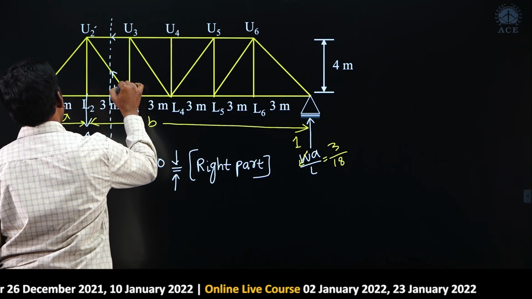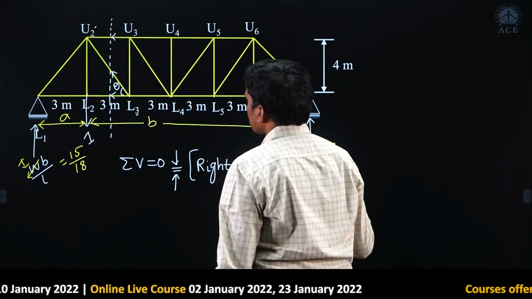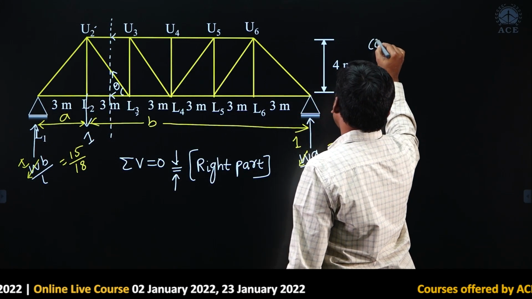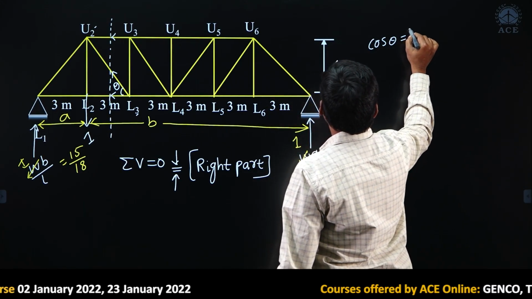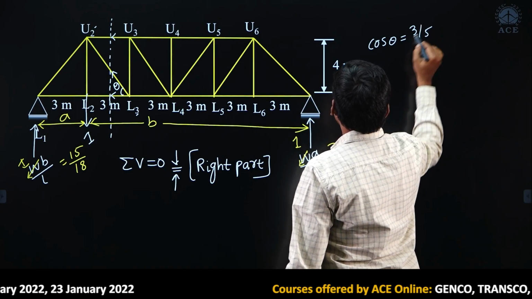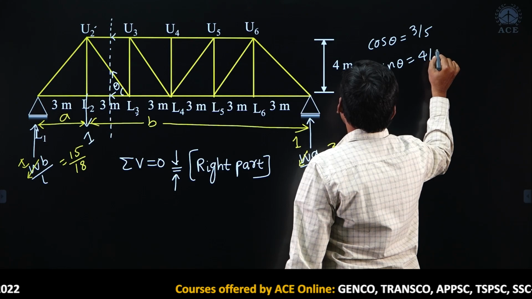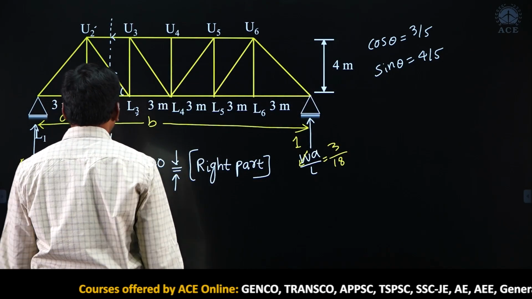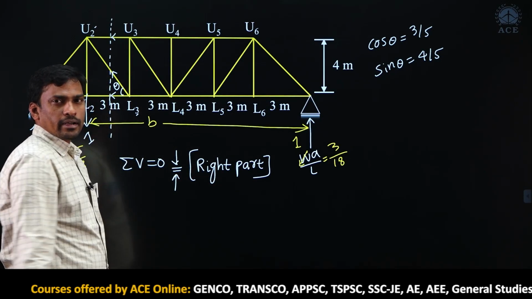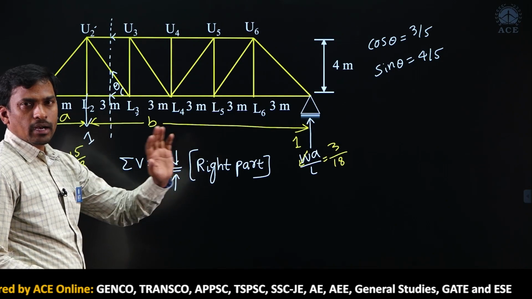Then this is theta. What is cos theta here? Cos theta equals 3 by 5 and sin theta equals 4 by 5. Then use sigma V equals 0, considering only right part forces, not the left part forces.